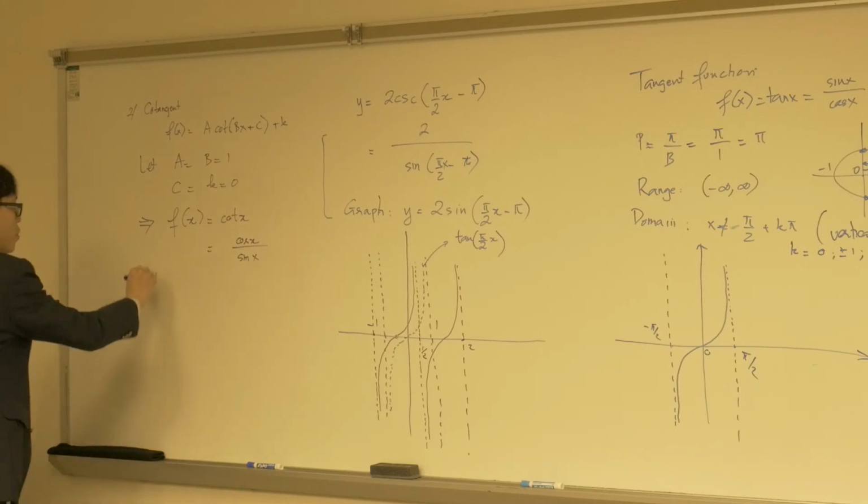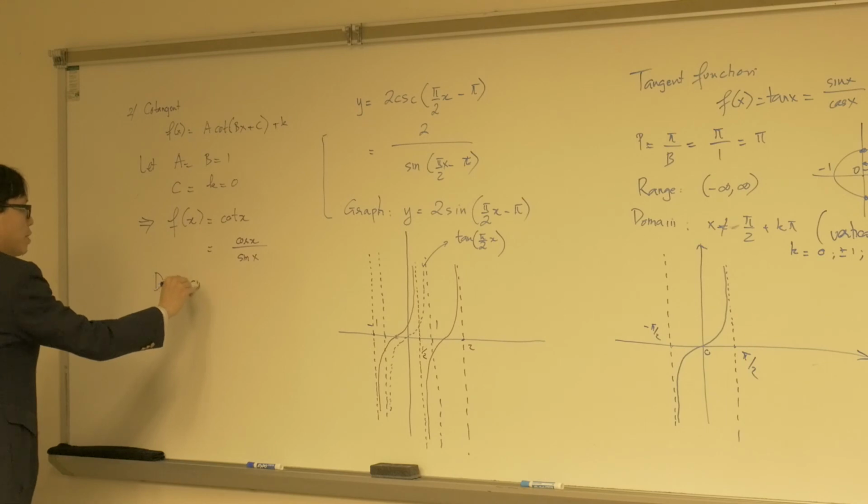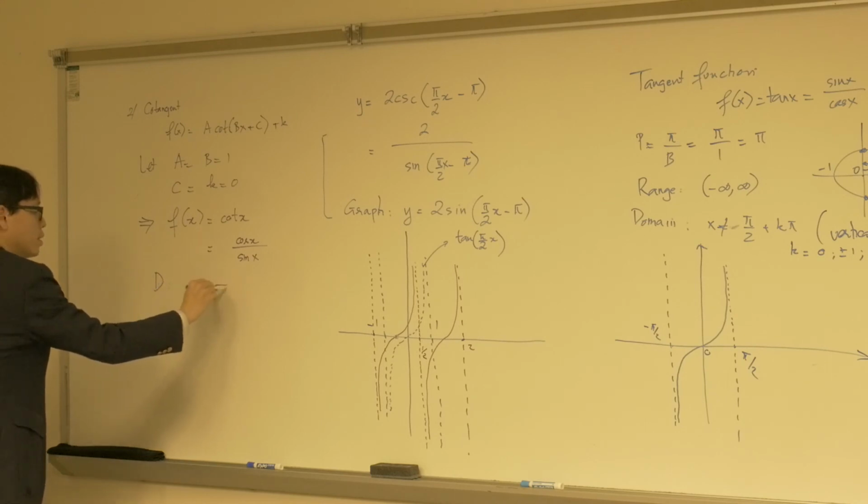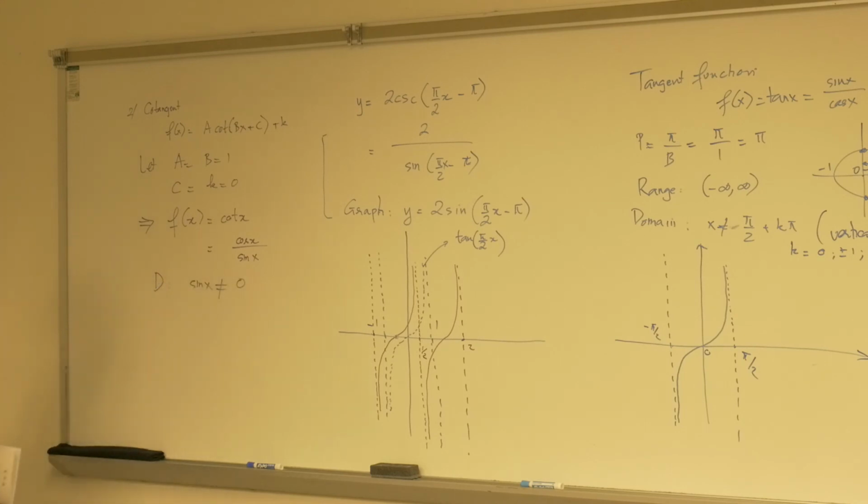So the domain will be everything different from 0 at the bottom. We need to find the values of x that make the denominator 0, which are not part of the domain.